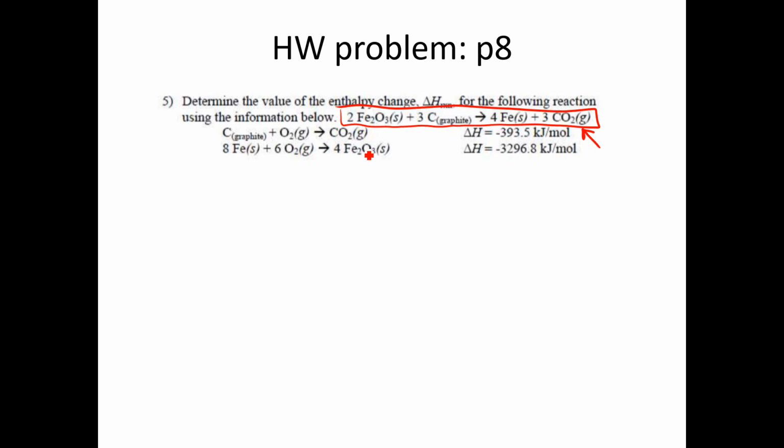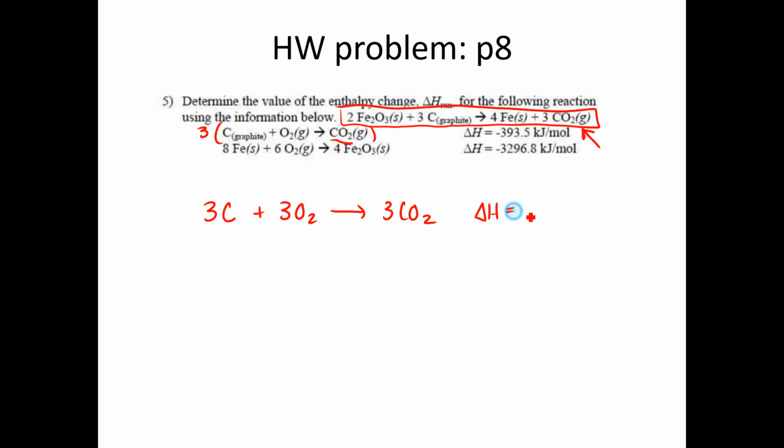So I'm going to look through these two reactions that I'm given and say which of these have CO2 in them. Well, it looks like this first reaction has some CO2 in it, but it only has 1 CO2. I want 3 CO2s. So what I'm going to do is I'm going to multiply this whole reaction by 3. I'm going to rewrite this down here. So it's 3 carbons and 3 oxygens make 3 CO2.